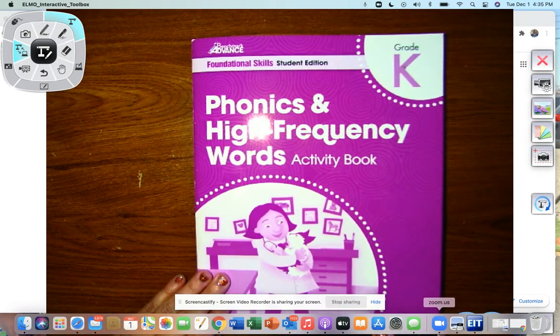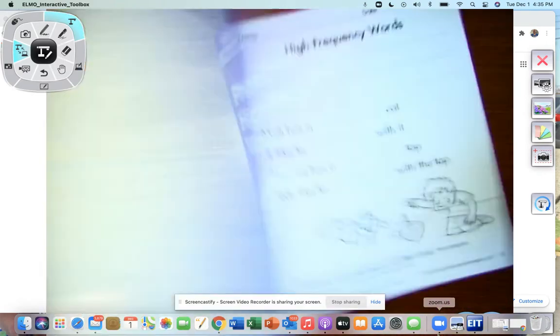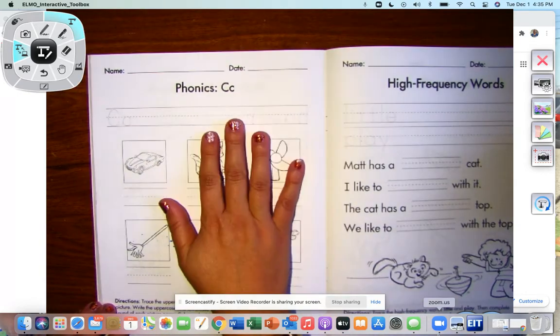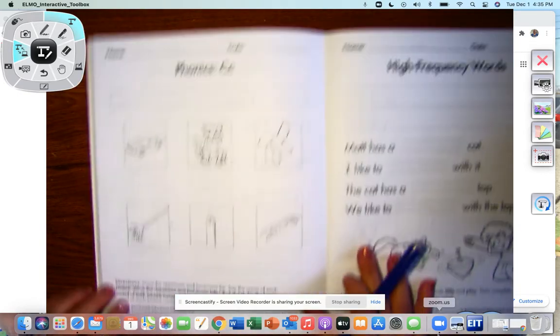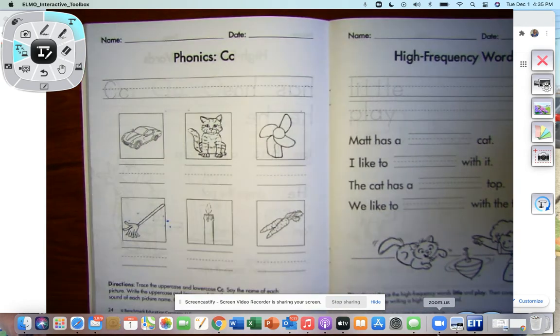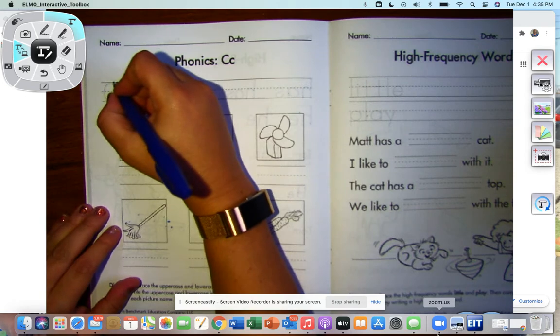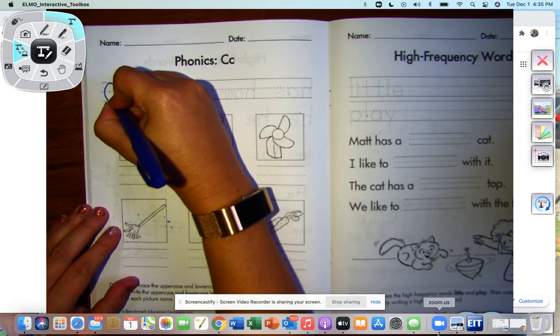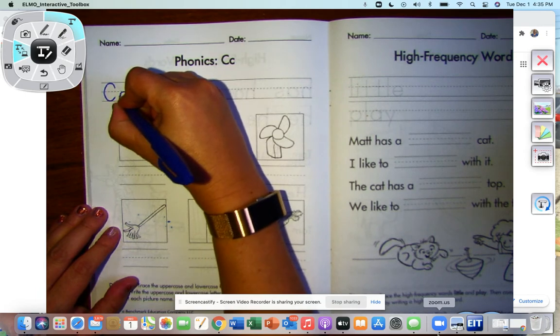So we have our purple book that you should have, and we're on page 24, and we're going over the letter C. So here we are. We're going to start up here at the top, and we're going to trace our letter C. So we're going to trace a capital C and our lowercase c.